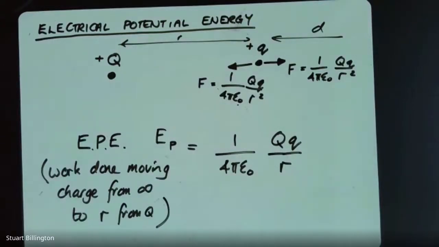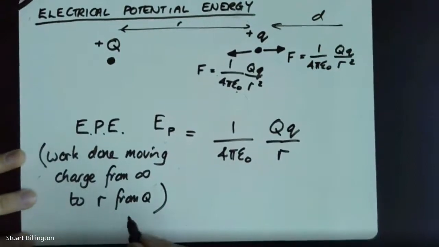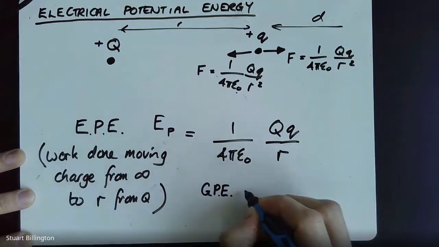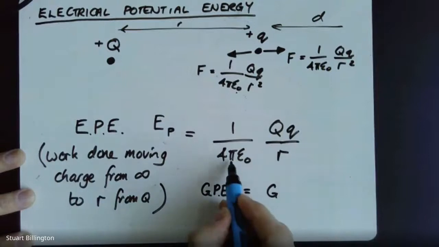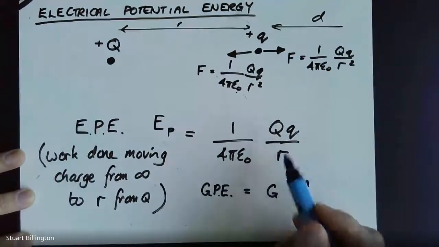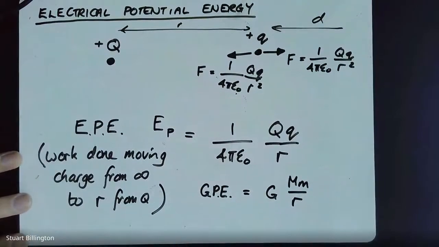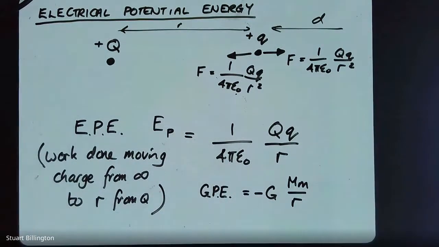I would like to highlight a difference, though, between the gravitational and the electric potential energies. When we did GPE, our constant of proportionality was G, not that. And we had a pair of M's rather than a pair of charges. And we had the 1/r relationship. But if you remember, there was a minus sign at the front of the equation.